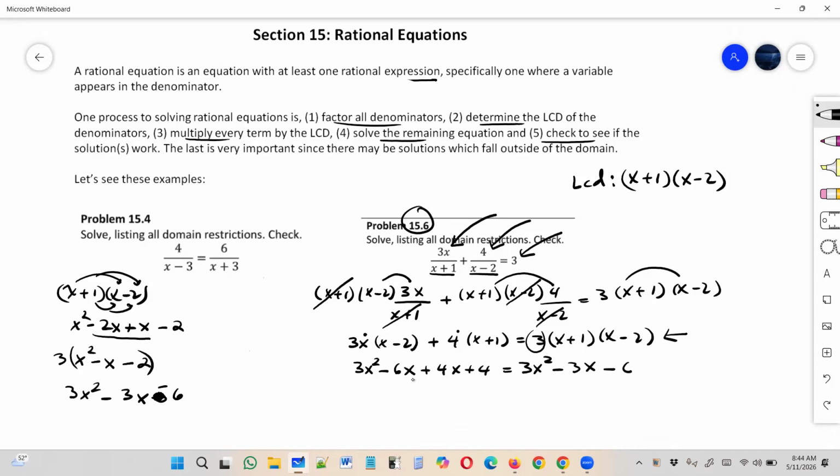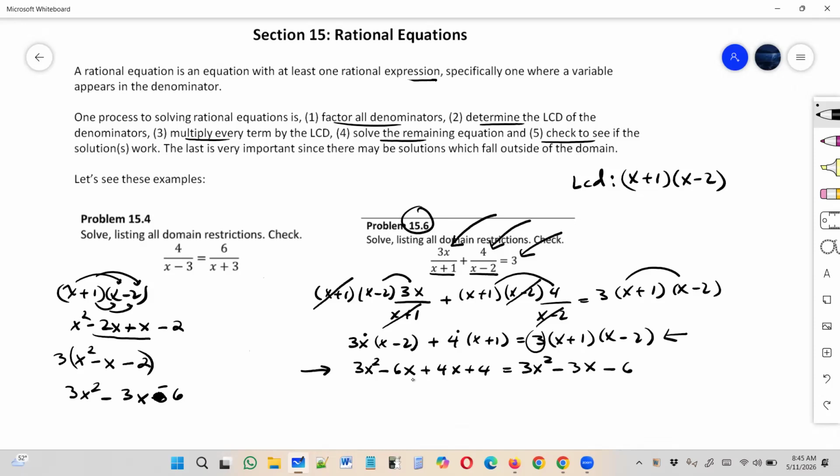And we can always check to see if you made a mistake. Let's do it again. x squared minus 2x plus x minus 2. This is minus x, and we're going to multiply by 3: 3x squared minus 3x minus 6. Perfect. And now, at this point, I can see I have a quadratic.